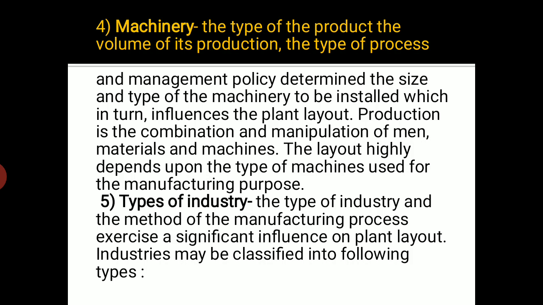If it is just an assembly line, your layout is different. Accordingly there may be changes in the layout, and that is why it is the fifth important factor affecting the plant layout. The type of industry and the method of manufacturing process exercise a significant influence on plant layout. Industries may be classified into the following types.